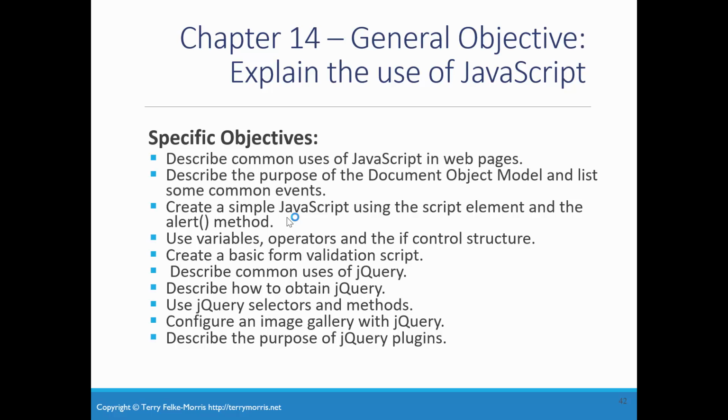And for jQuery, we looked at the two ways to obtain it, using a CDN or downloading it directly. I mentioned how it works with CSS selectors. jQuery has its own methods. You can use it for things like creating image galleries. And we ended the chapter by talking about plugins.